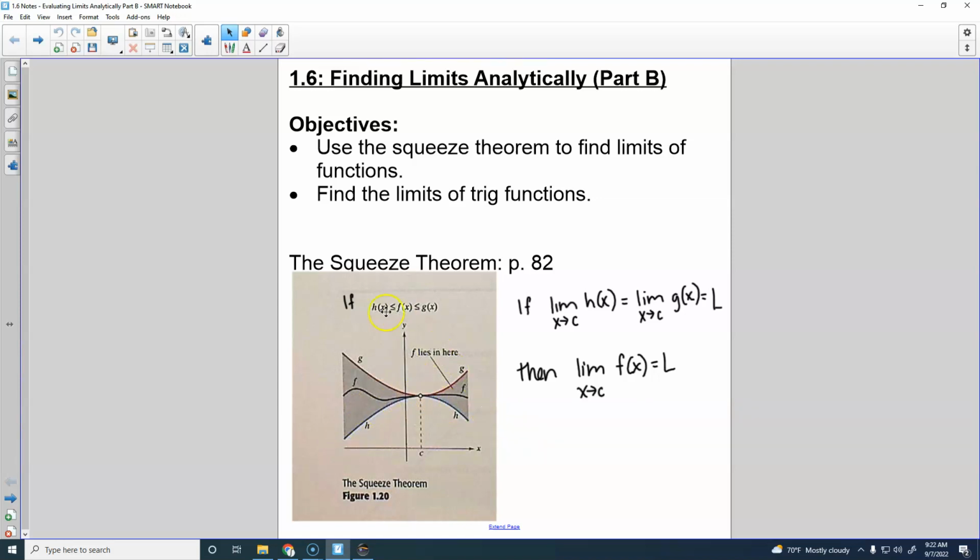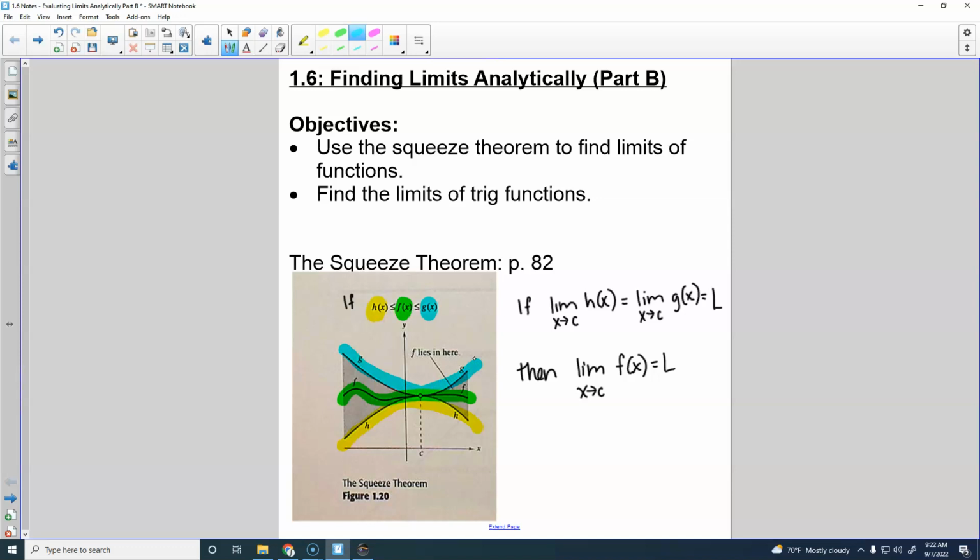So if we know these things, if we know that h is down here, f is always in the middle, and g is always above, always on the top, right?